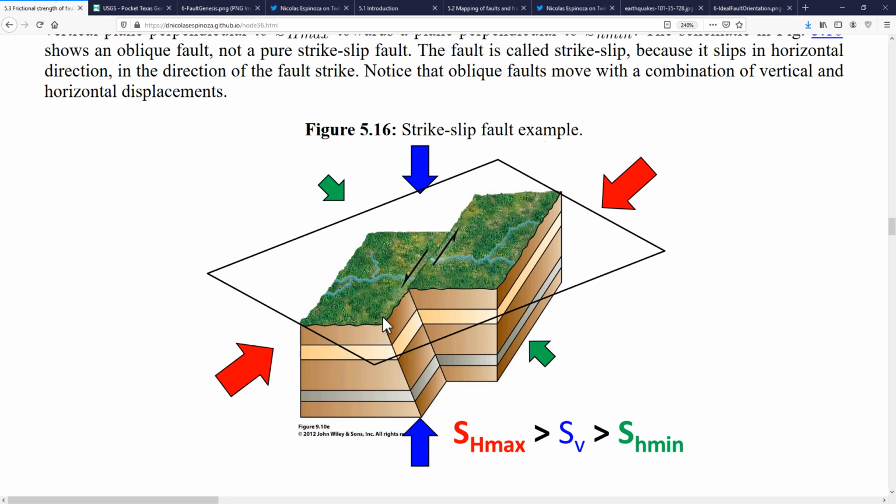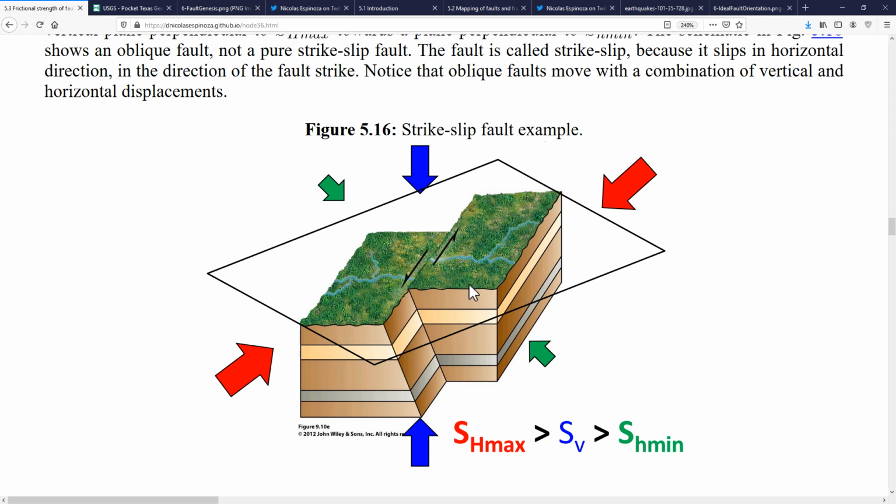And in this case now, there is no relative movement of the foot wall and the hanging wall. Actually, if it's 90 degrees, we don't have a foot wall and a hanging wall, but now we have a relative movement in horizontal direction of these two parts of the geological formation.